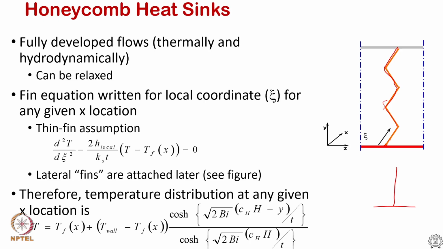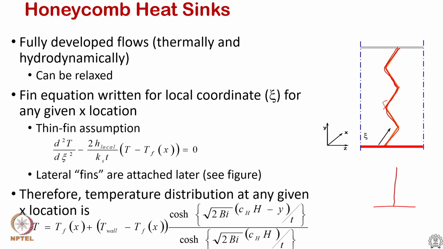Here we are considering a corrugated fin as a way to model this problem of flow through hexagonal or rectangular ducts. And we are going to assume that through the ducts, which are very small, the flow encounters mostly fully developed behavior, thermally and hydrodynamically. But that assumption can be relaxed.